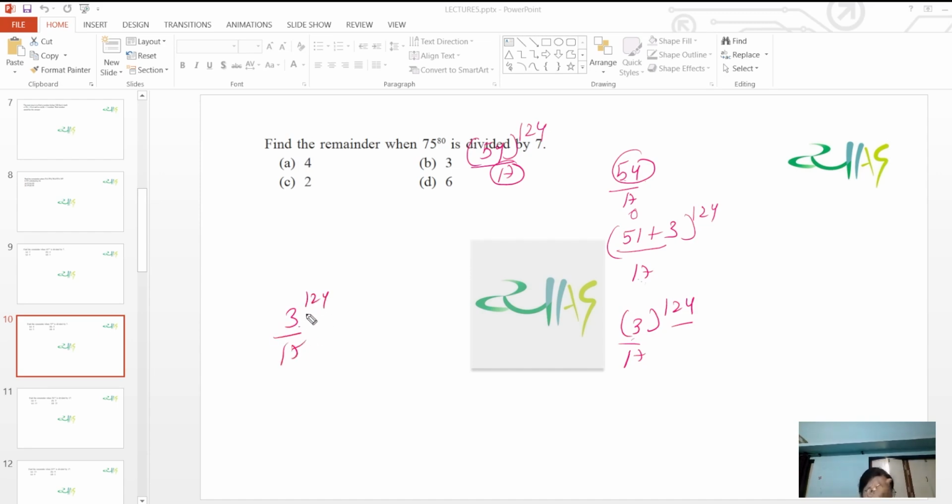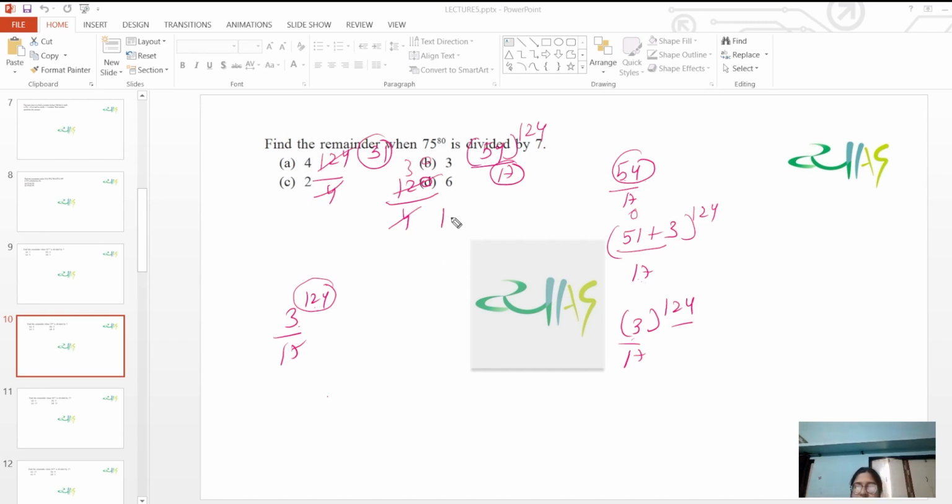So again, can we make this in the form of 16? Because 17 is our prime number, if we can make this in the form of 16, that will be very beneficial to us. So let's see, 124 is what? 120 is not divisible by 16.